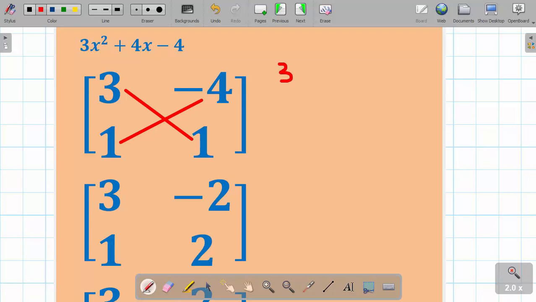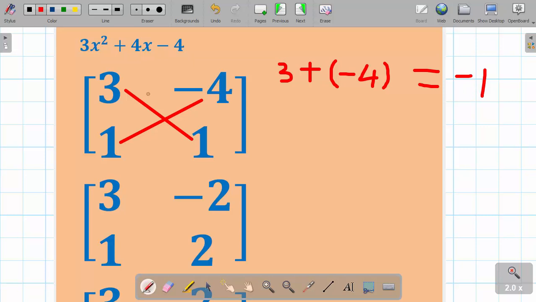Then plus 1 times negative 4, which gives us negative 4. Now when I add 3 plus negative 4, what do I get? It gives me negative 1. Now this negative 1 is not the middle term. As you can see, it is supposed to be positive 4.